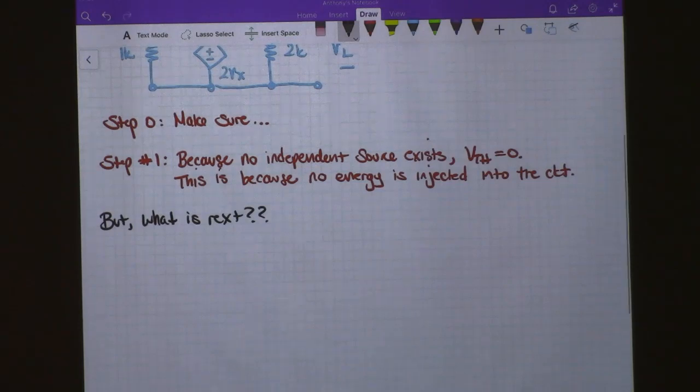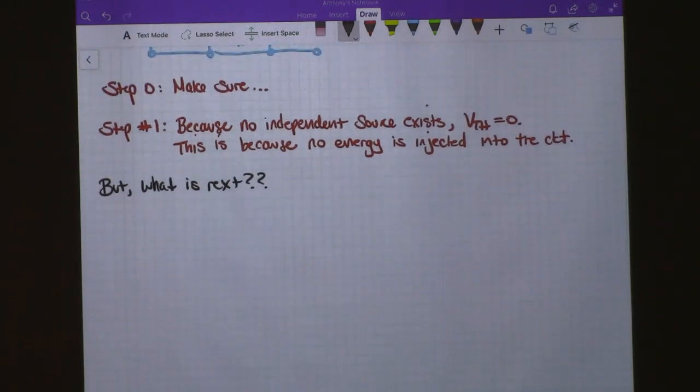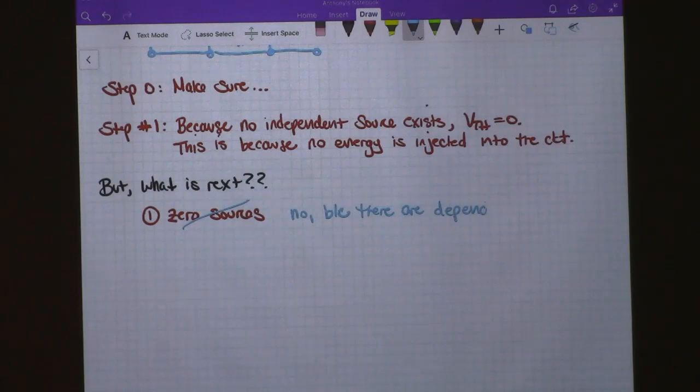Normally, what we would consider would be to zero out the sources. There are none anyway. We can't do that, because there are dependent sources.